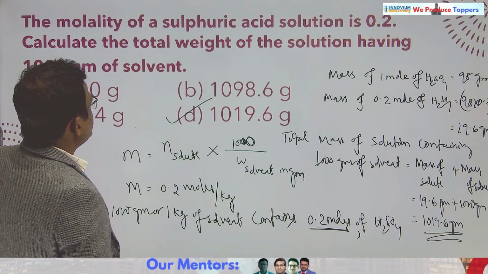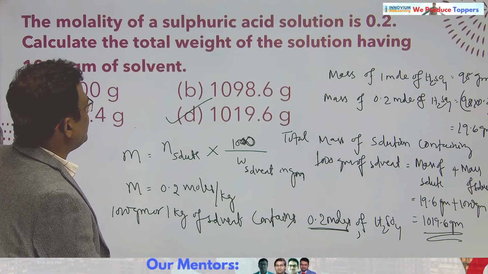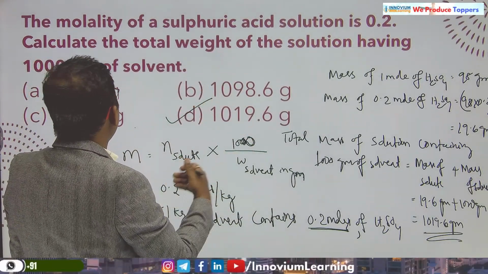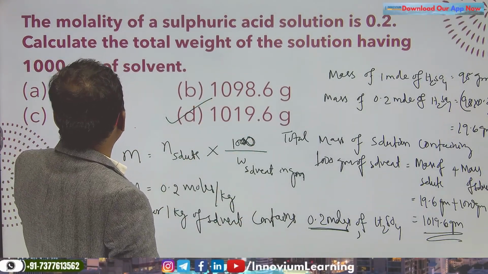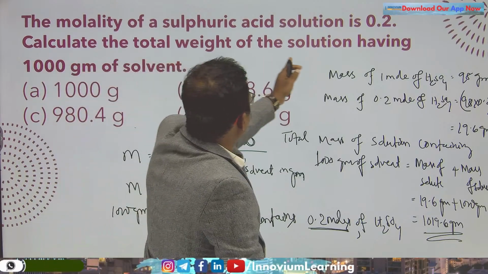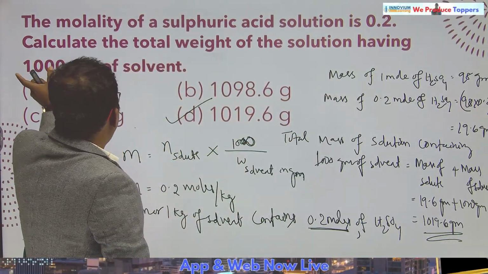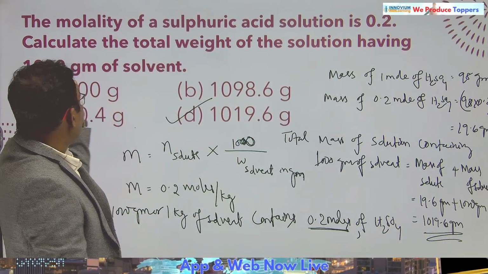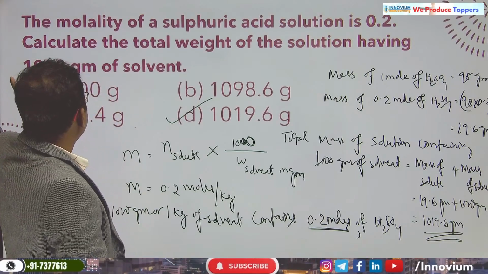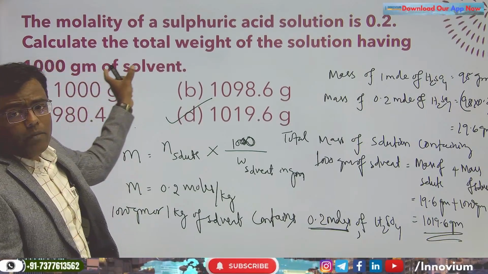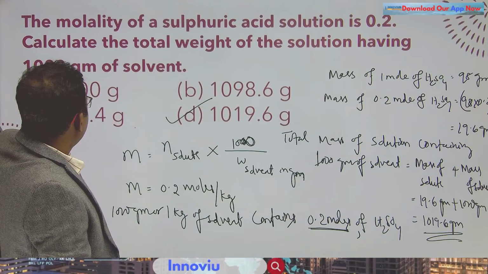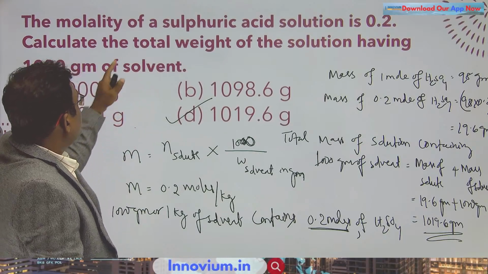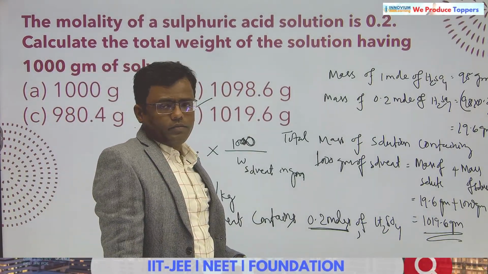Correct? Sometimes the data may be given changing the molality, or instead of the total weight of the solution, sometimes the mass of solution will be given. So instead of 1000 gram of solvent, suppose the question gives 1000 gram of solution. So in that 1000 gram of solution, find the mass of the solute.